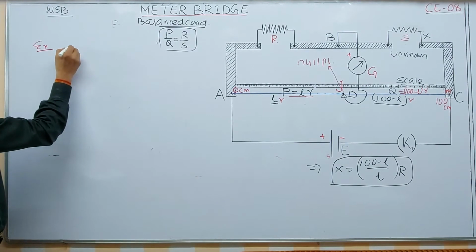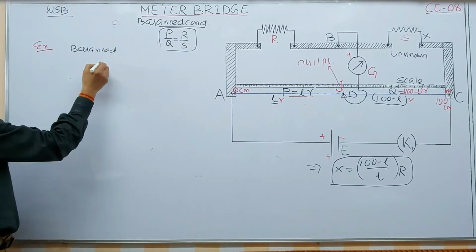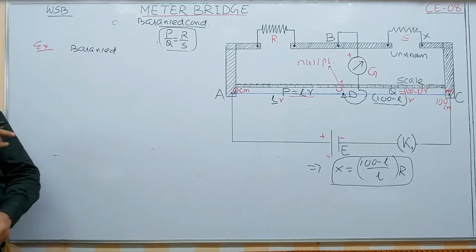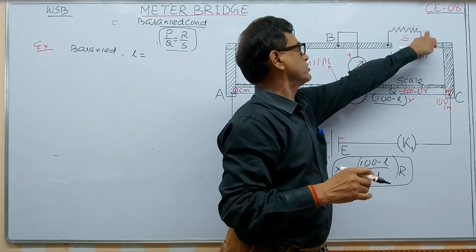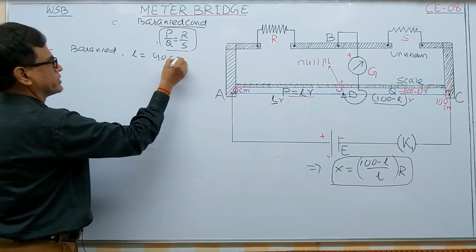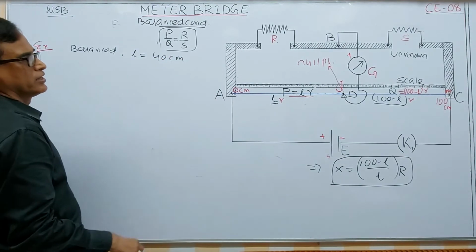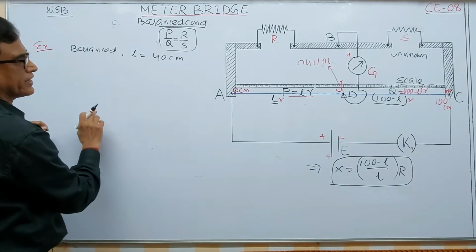If the bridge is balanced, then I can write R by S, balanced, and the length in this arrangement. Forget about this one. This is balanced and L is 40 centimeter. Then what you have to apply in this case? Balancing length is 40.